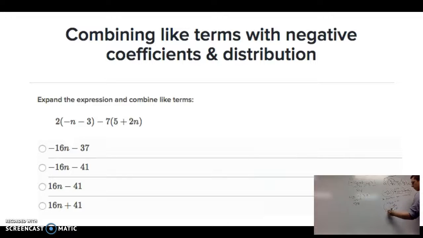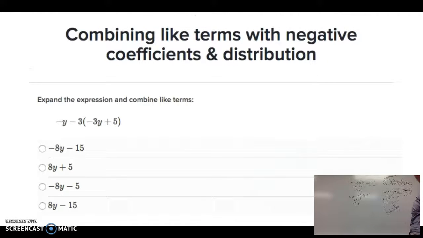These two are the same thing. They are equivalent expressions. So I'm going to use the bottom one just because I like minus 41 instead of plus negative 41. So let's see. That's one of the options. Negative 16n minus 41. And we're good to go.